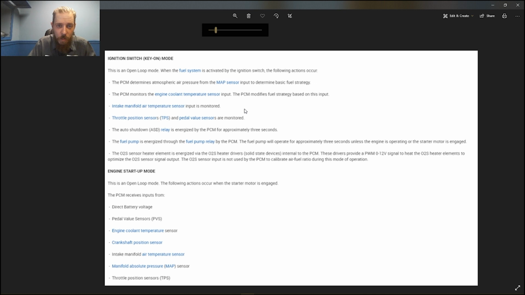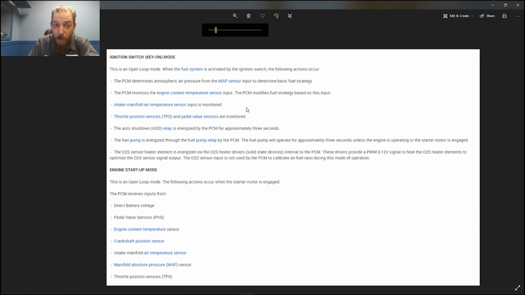PCM monitors ECT, don't care. Intake manifold air temperature, not really caring about that. TPS, we're not super concerned with. ASD, once again, that's not going to give us our no crank in this particular situation. Fuel pump, it's not like it's a crank no start, it's just a no crank, so we can blow through that. As soon as I see O2 sensor for a no crank, I'm not super concerned about that.